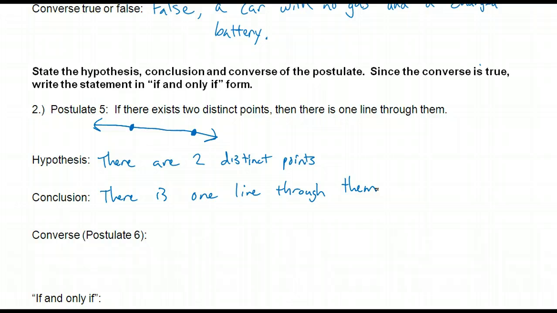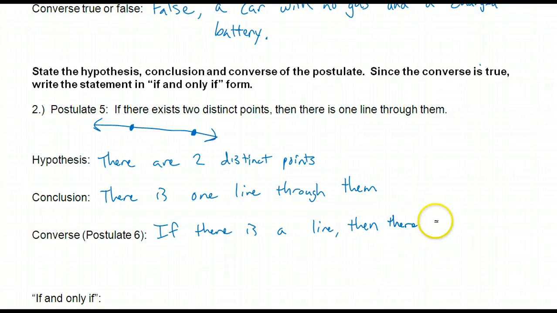The converse of that statement, if I flip around my conclusion and my hypothesis: if there is a line, then there are two distinct points on it.